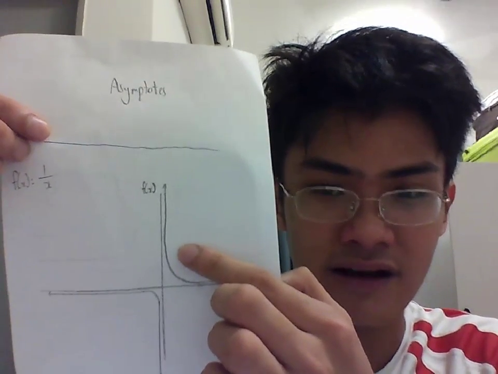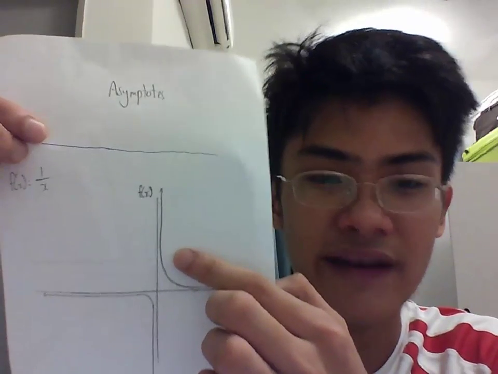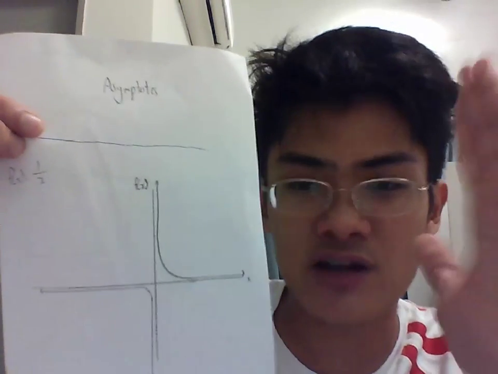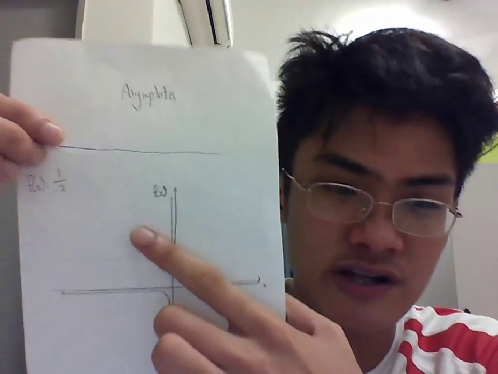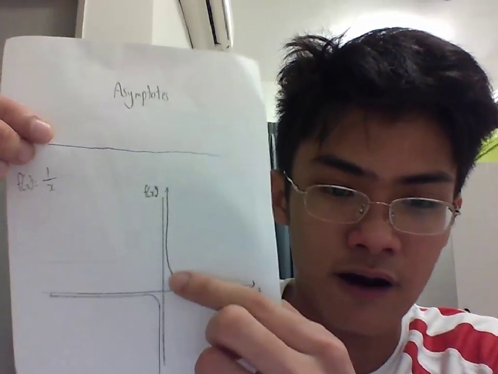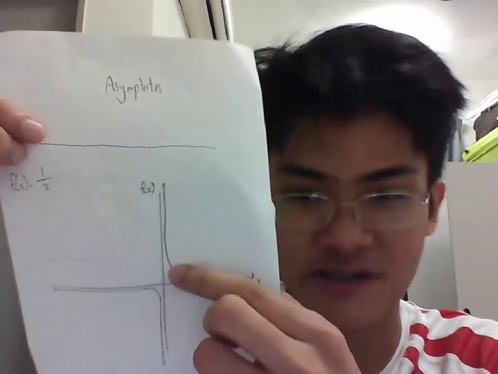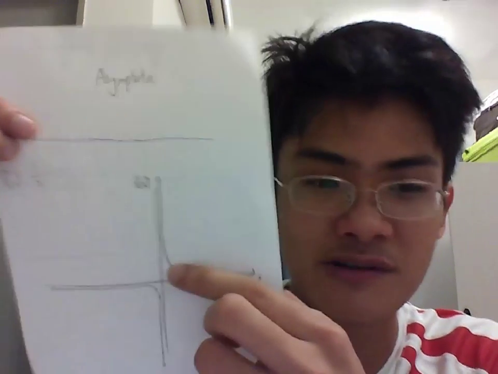And that is what we call an asymptote. It approaches very close, but it never actually touches. So for this function, 1 over x, your asymptote is when x equals 0, because at x equals 0, it's undefined.